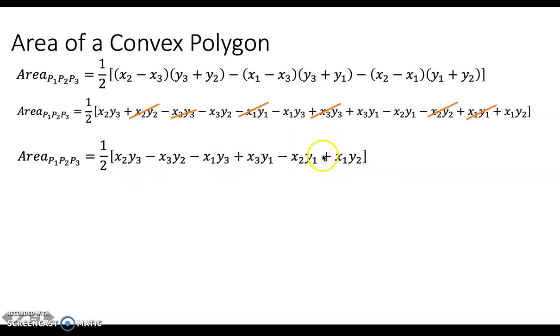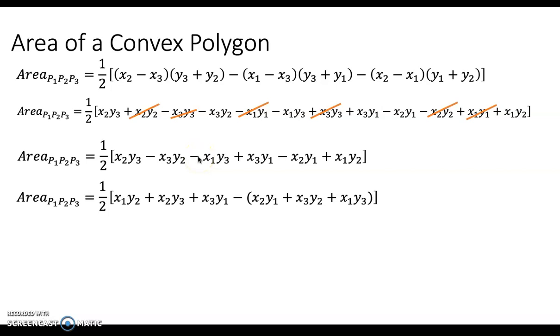Rearranging these terms, we can combine all the terms having the same sign. Factoring out the negative part of each negative term, we will have the sum of this minus the sum of this.